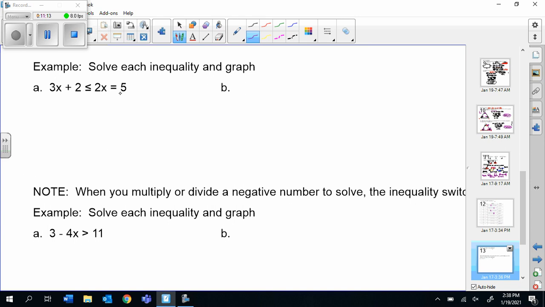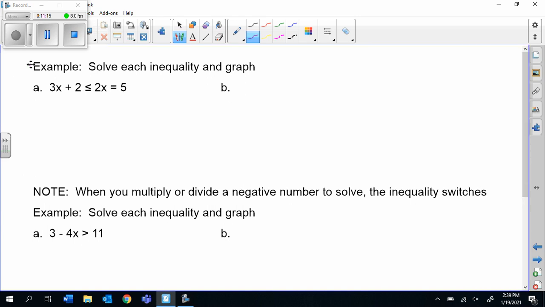And so now we are going to use those to solve. Solve each inequality and graph. Our rules more or less stay the same unless we're looking at these examples down here. So solving for x, I think I meant to put that as a plus.